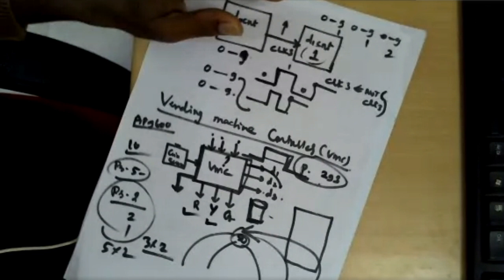So there are uncontrolled transitions in the LCD. But in the vending machine control section, there is a controlled transition. If 2 rupees comes, go here. If 1 rupee comes, go here. If 5 rupees comes, go here. That is what we call the controlled state transition.